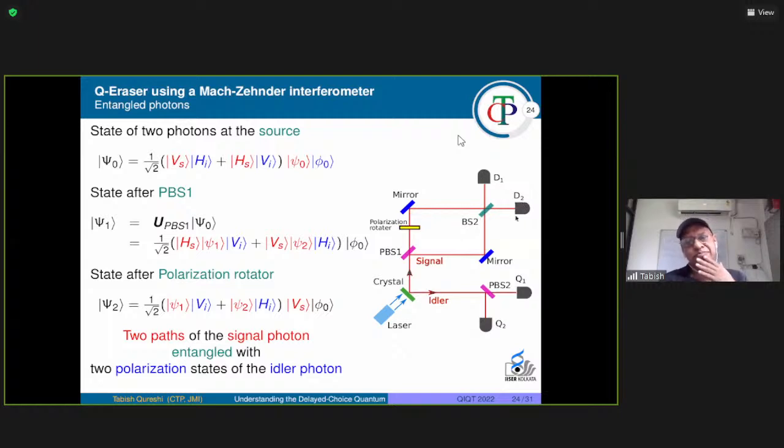I think yesterday or the day before yesterday's talk was on this. And there are two detectors here. The idler photon goes here, and we put a polarization beam splitter here, which will separate the polarization into two components, and there are two detectors here.